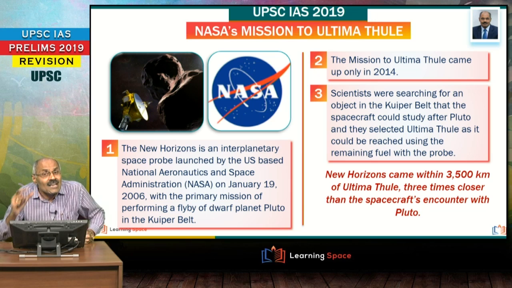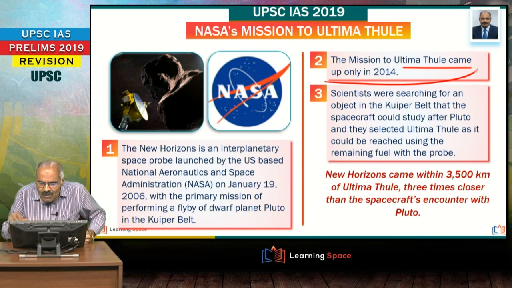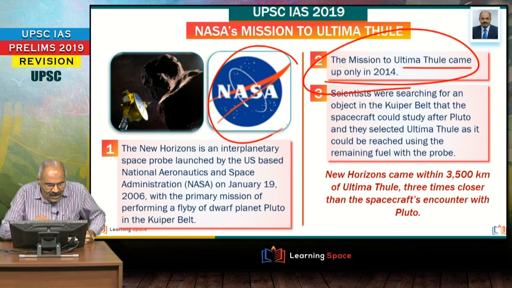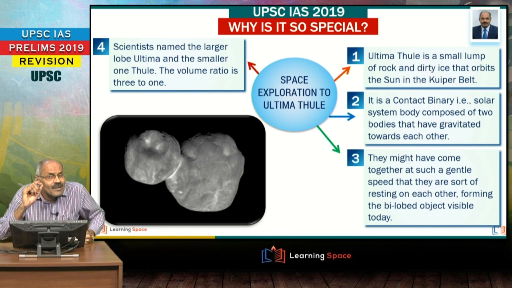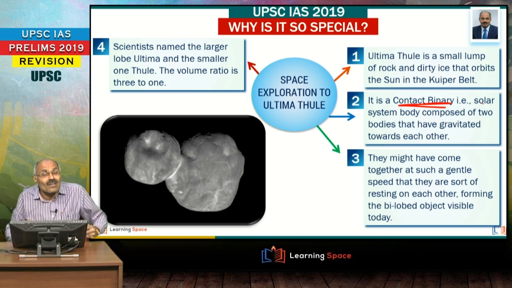And now look at it, the mission to Ultima Thule. This is of NASA, the New Horizons spacecraft, and here one important aspect about Ultima Thule from your examination perspective is that this is a contact binary.